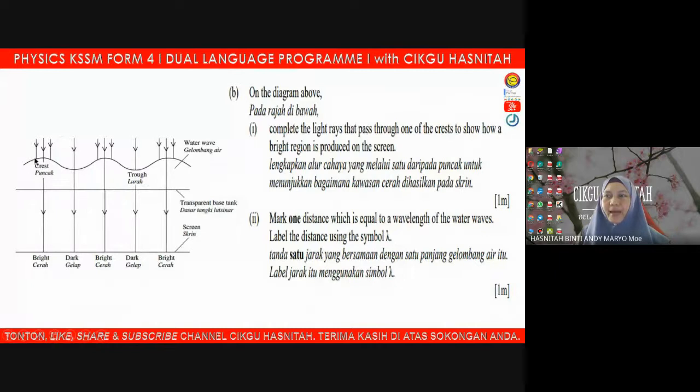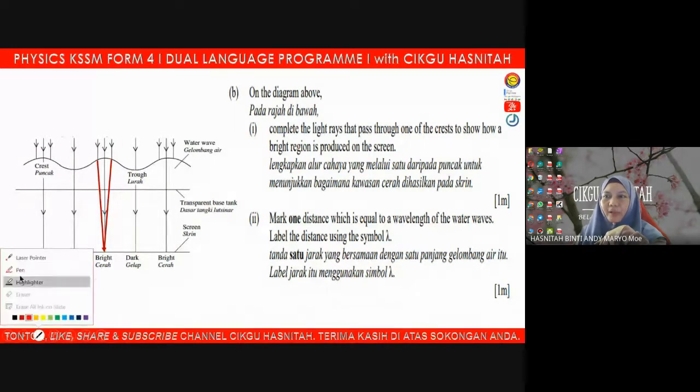So for convex, when light passes through convex, what happens? It will converge to a point. So you draw lines converging to a point. All the light falls here, that's why it produces a bright region, since all the light focuses on this point. While at the trough, we draw another line like this.